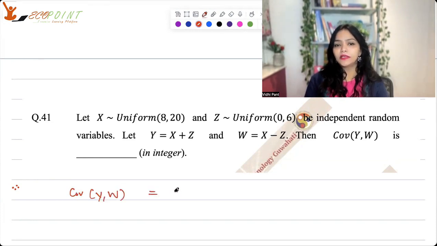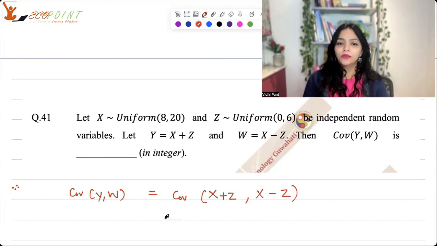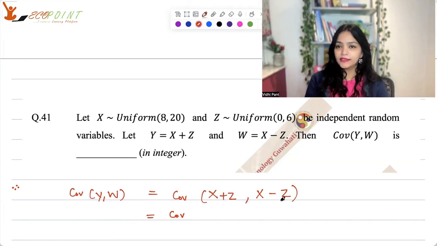That is, I have to find covariance of X plus Z and W is X minus Z. So that will be equal to covariance. When you have to find out covariance in these kind of scenario, (A plus B, C plus D), each covariance is added.